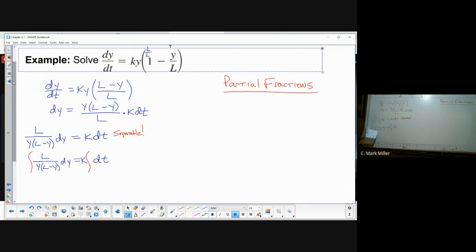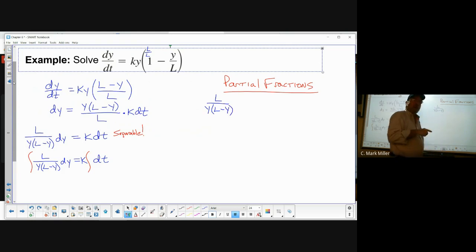It turns out we're going to break this up and write it as 2 fractions. This is something you're not expected to have known right now. We're going to do it, and you're going to do it in chapter 8 anyway, right? So I won't give you one on the test that uses this in chapter 6, but we'll show it to you. So you've got L over y, L minus y.